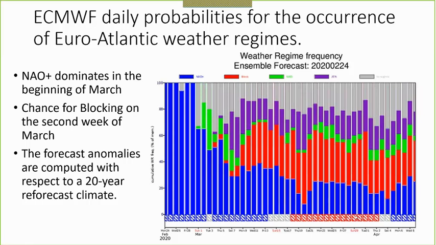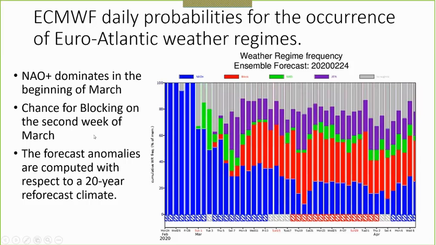And finally, we could get some kind of change for the NAO plus domination here, but it seems that it's still fairly unsure. We still have some probabilities for the NAO plus situation going on.